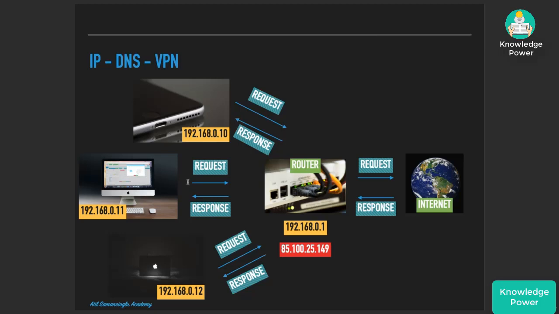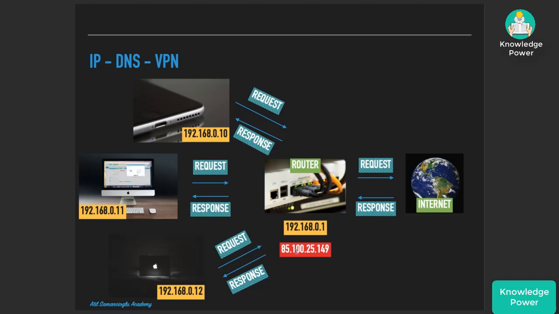So what you see as 192.168.0.10, .11, .12 represents the local IP addresses of the individual devices. The router generally gets the first IP address unless it is configured otherwise, so it is 192.168.0.1. They use these IP addresses and something else called MAC addresses in order to circulate information within the network, in order to have this kind of communication within the network.